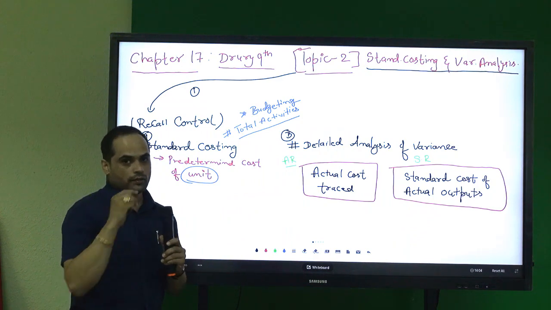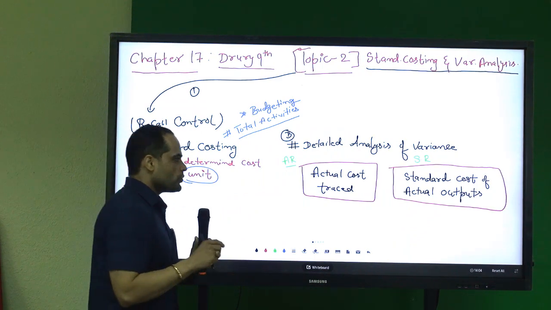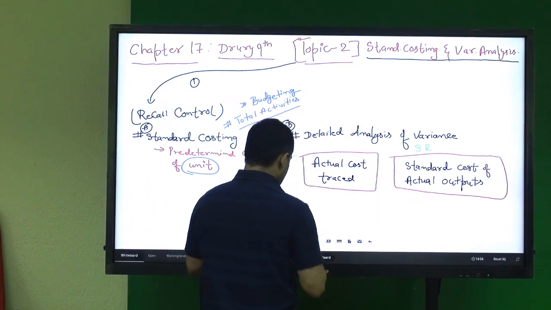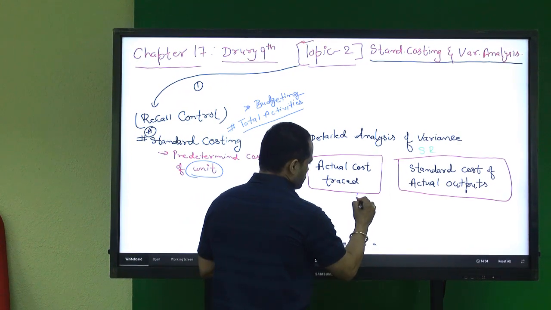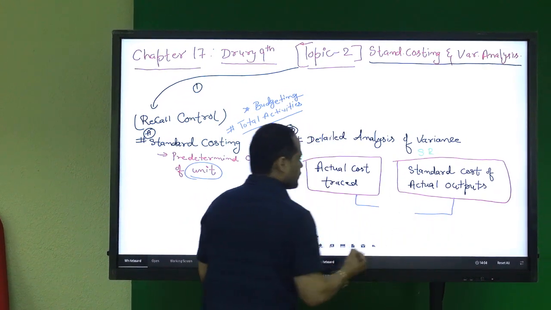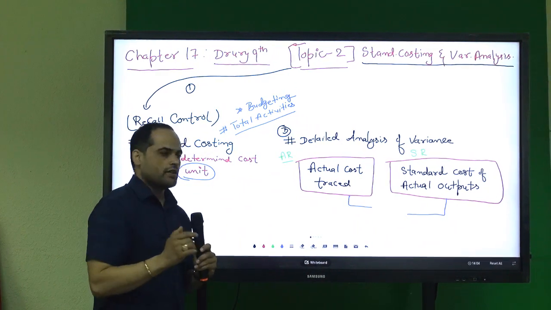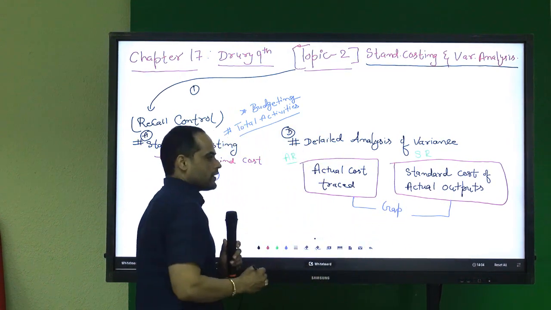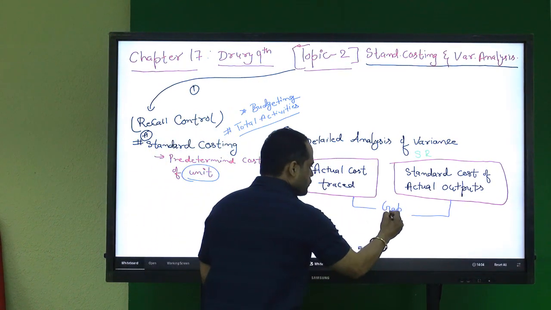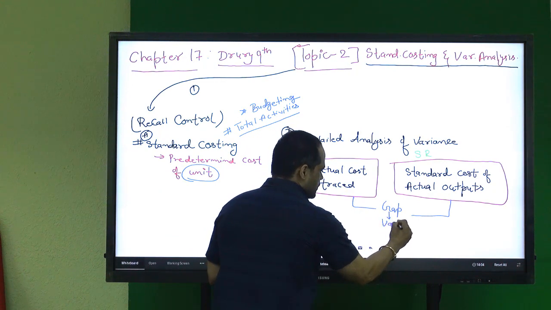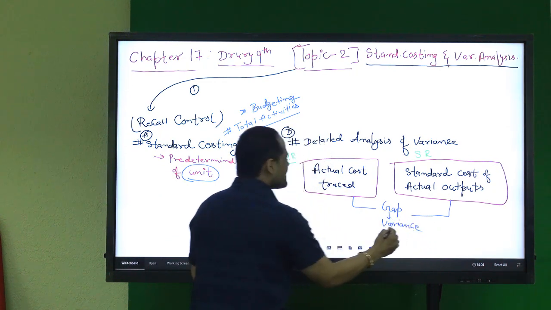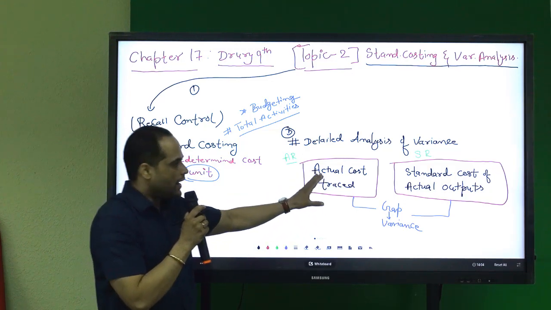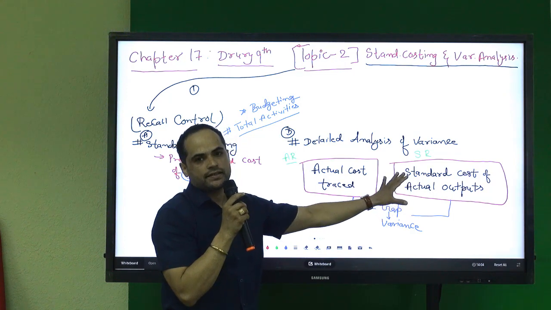If budgets means total, what we're going to do is compare the difference. Difference means a gap, and that gap is also called a variance. Now what does variance mean? Variance means a gap between the actual results and the planned results.